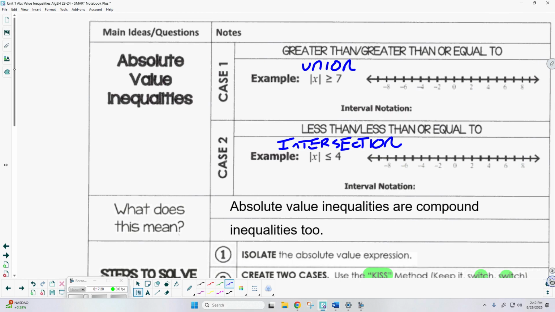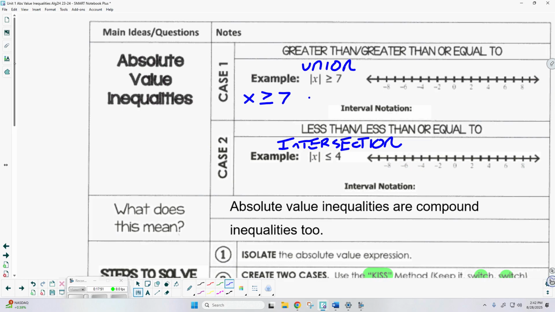Coming on back up here. So you see how it says the absolute value of x is greater than or equal to 7? The first part of KISS, where it says keep it, all you got to do is drop the bars. So if I drop the bars, I'm just going to keep it as is. So x is greater than or equal to 7. Now remember, what was the word associated with union? Was it the or the and? It was or.